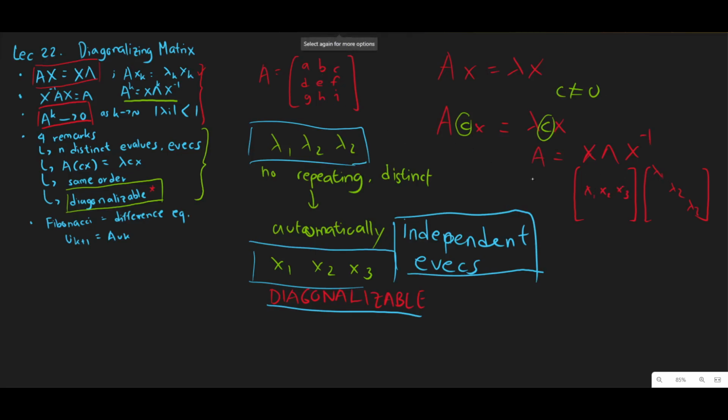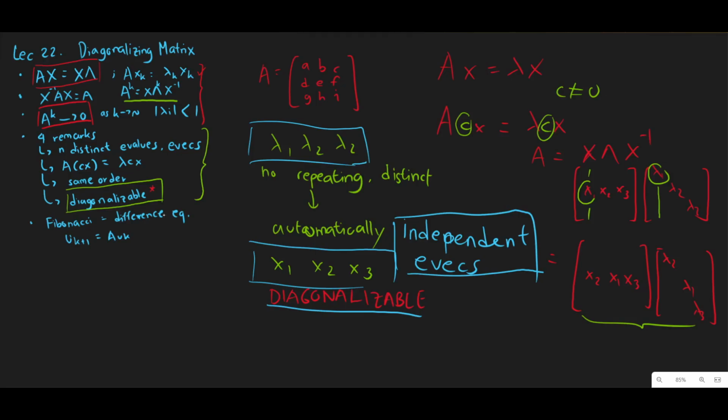So what this means is that they have to be in the same order, which means the first column has the first eigenvector and the first eigenvalue, and so on and so forth. If you are interested in switching them, so let's say x2, x1, x3, you need to also switch those to comply with the rule, to keep the rule valid. So you have lambda 2, lambda 1, lambda 3 there.